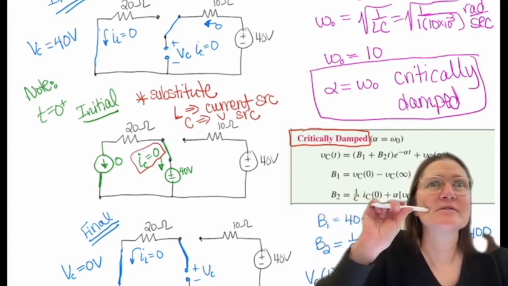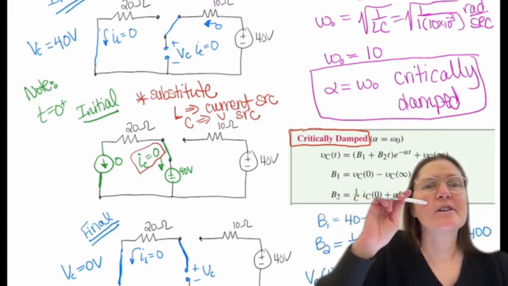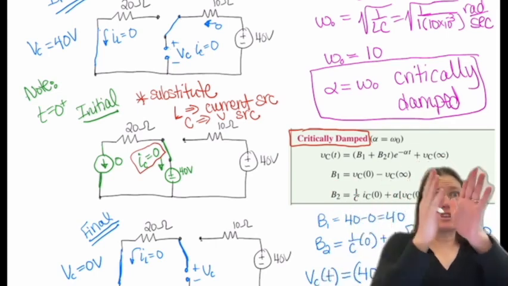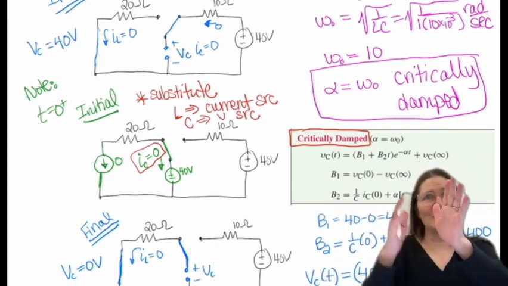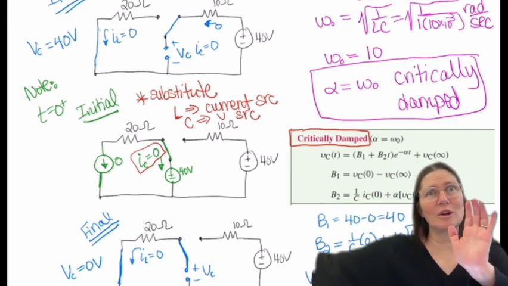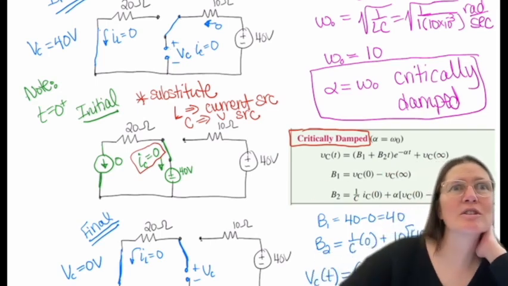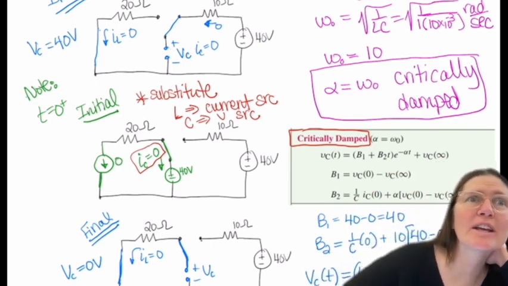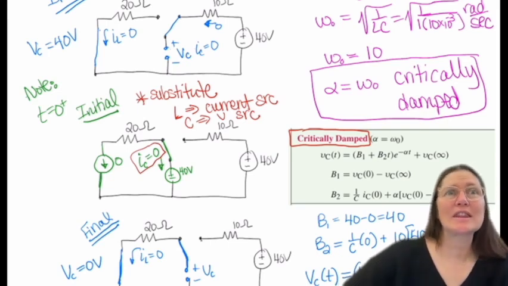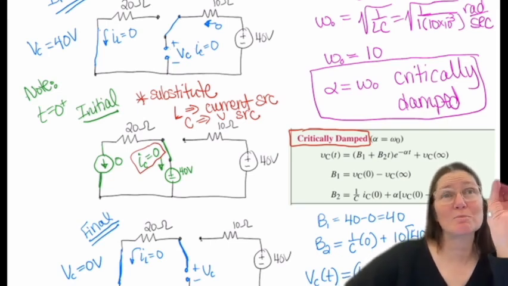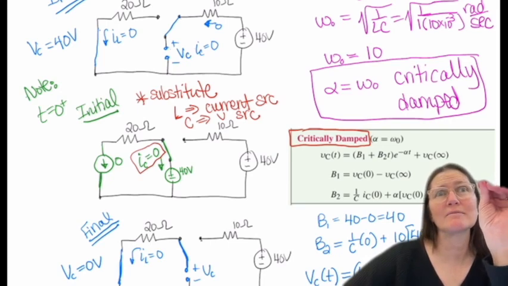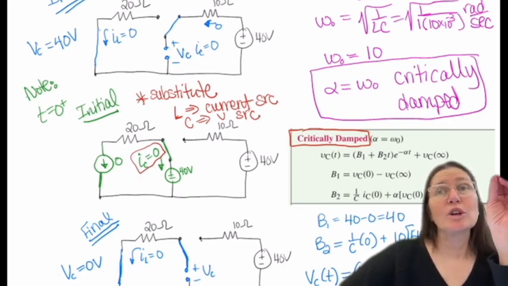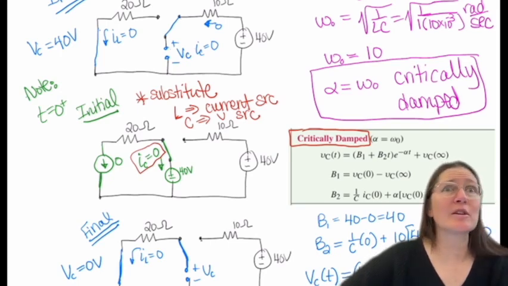Why do you have to find the initial value from 0 plus instead of just 0? Because we're actually finding this after the switch, and we want to know what the rest of the equation is. So we're looking at the time right at the switch as the initial point. Nothing should really change in that interval, although it could for other quantities, like the resistance he was asking about.